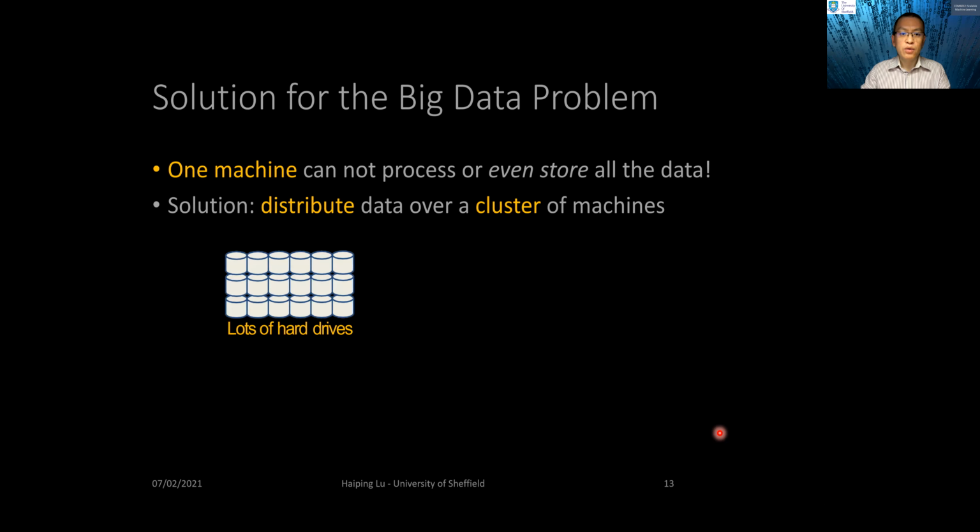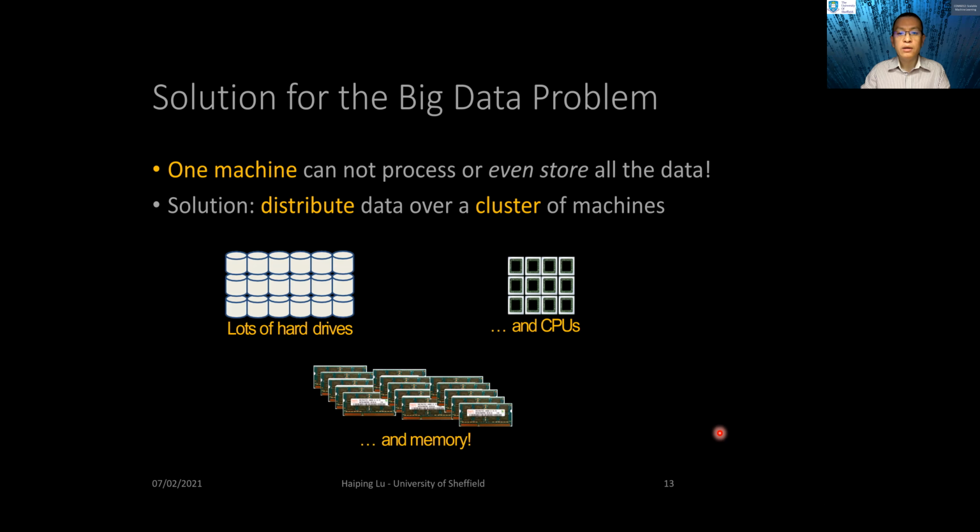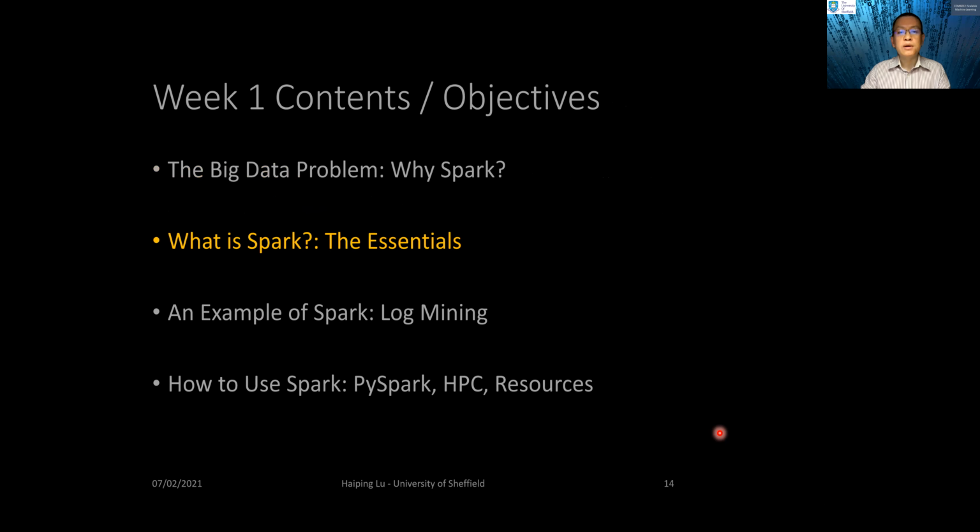That is, we will have lots of hard drives working together, many CPUs working together, and many memory cards working together. And that is why Spark was invented at UC Berkeley. So this is the first part. And in the next part, we will talk about the essentials of Spark.